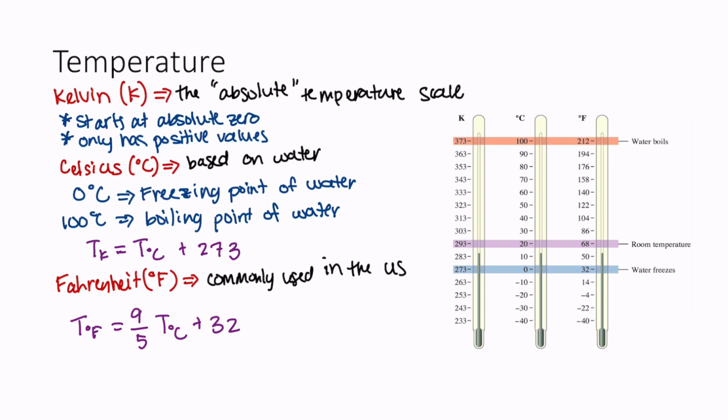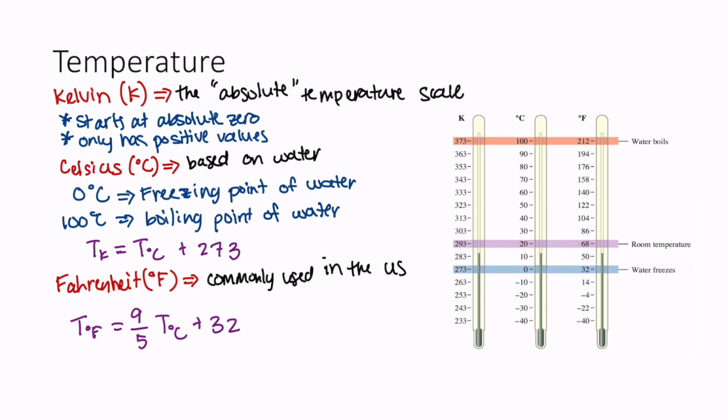So this table over here gives some common temperatures of the three different scales. So water boils at 373 Kelvin, 100 degrees Celsius, and 212 degrees Fahrenheit. Room temperature is 293 Kelvin, 20 degrees Celsius, and 68 degrees Fahrenheit.